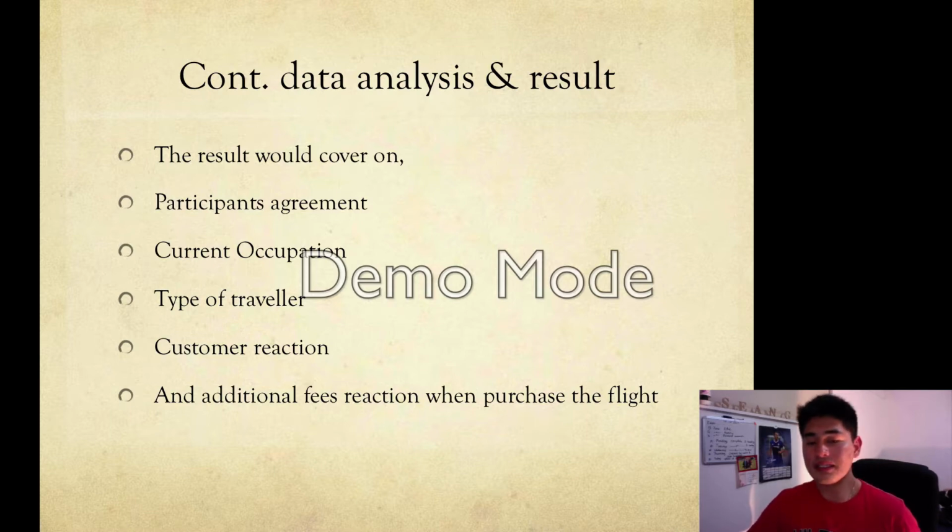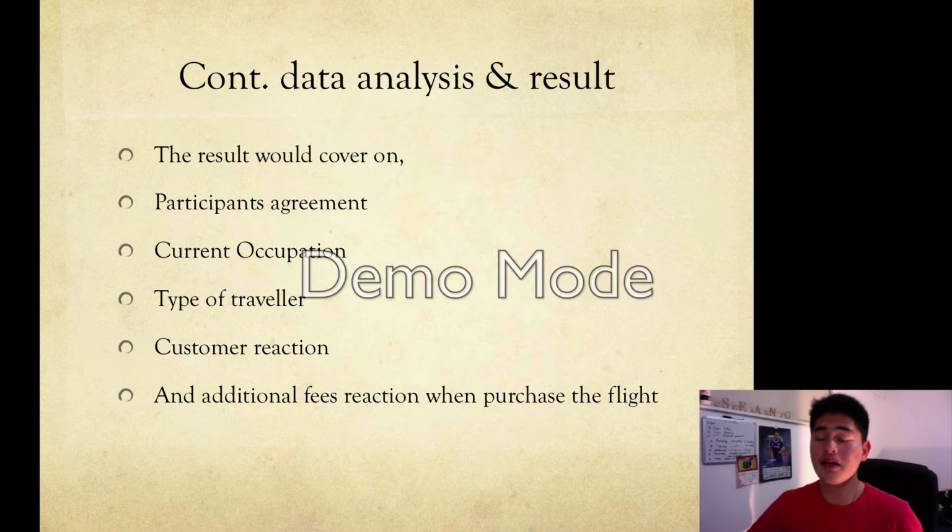Why did I choose participant agreement? Participant agreement is an important question, and the first question that we have to ask in the survey. If the participant does not agree to join, we cannot collect information from those participants.